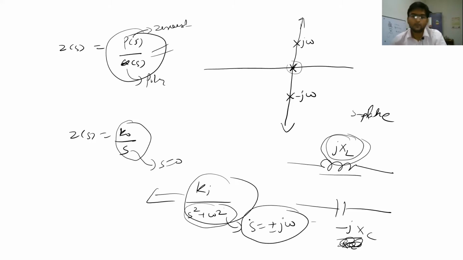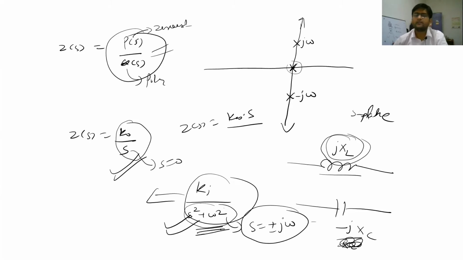So if you want to represent all the portions of the j omega axis in the LC function, you will have to take this component and this function, so that you will be able to represent all the possibilities which can be included in any LC admittance function.